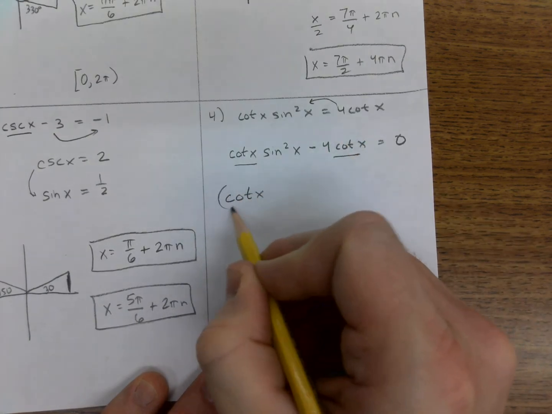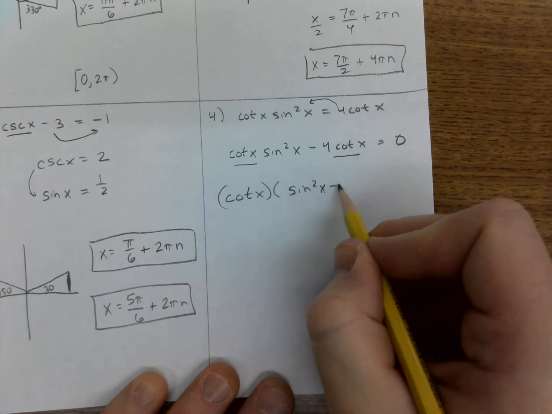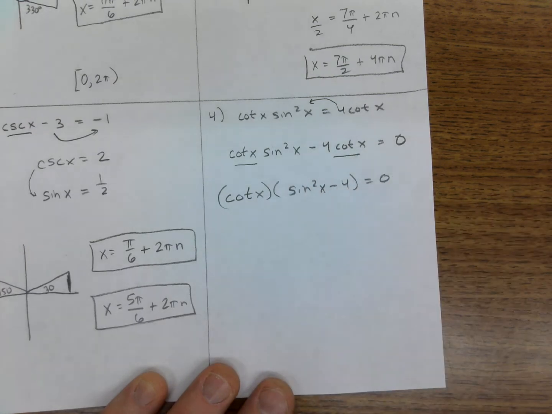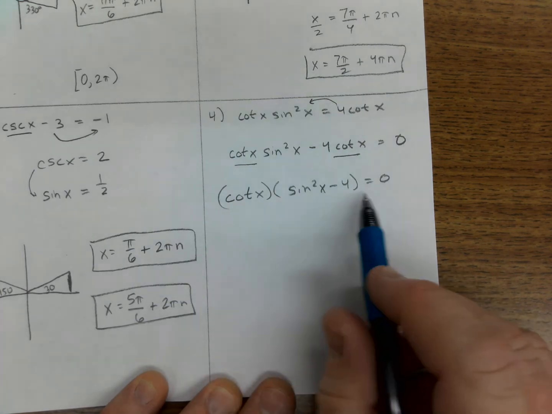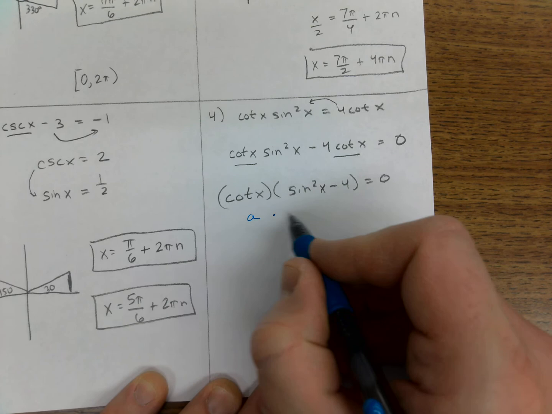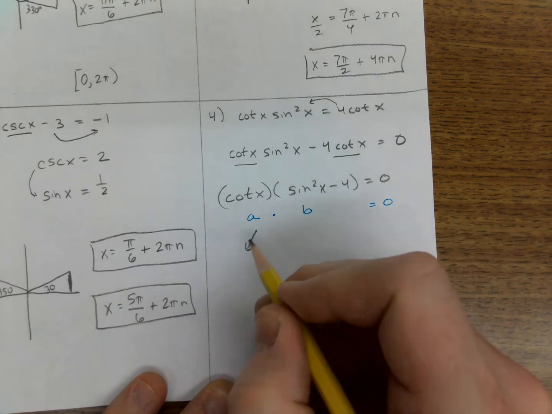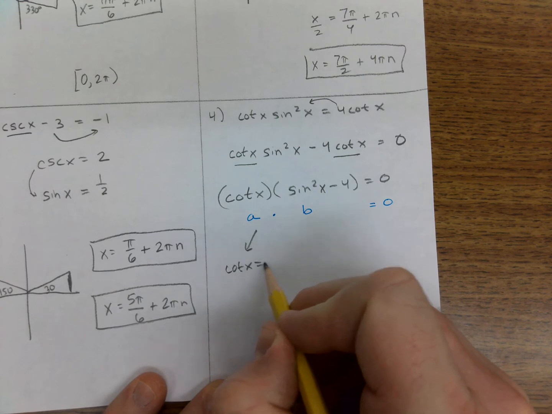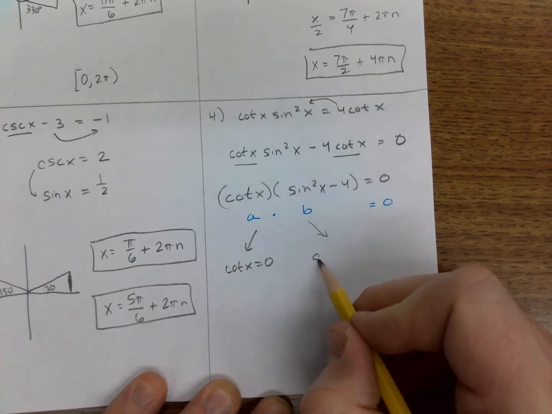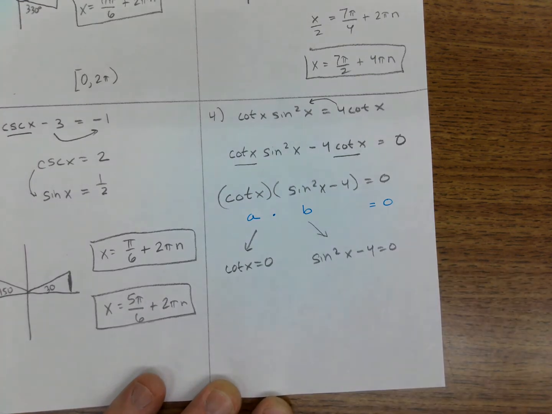And if I factor out the cotangent, now I have an equation that I can use the zero product property. A times B is equal to 0. So I could set this one, which would be cotangent of x is 0, and this one, which says sine squared of x minus 4 is 0.